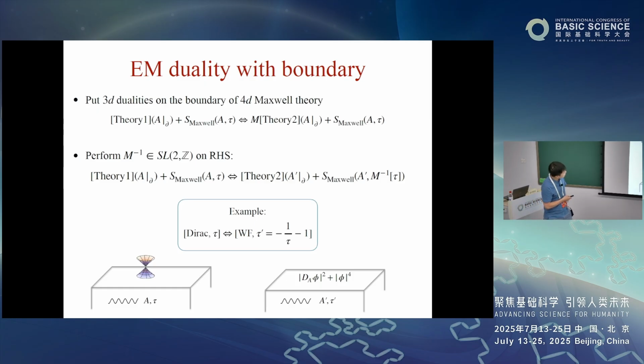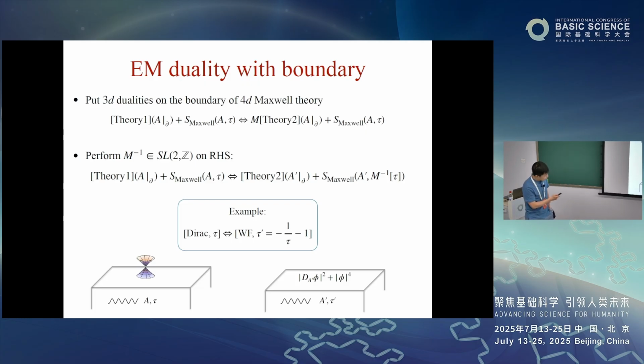It turns out performing SL2Z on the boundary theory, in the sense I discussed, where S means gauging the U1 and T means shifting the Chern-Simons level, is equivalent to performing an SL2Z electric-magnetic duality in the bulk.